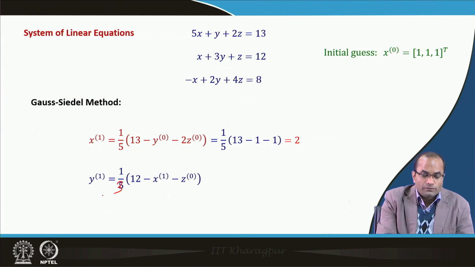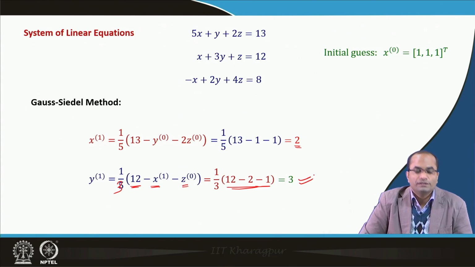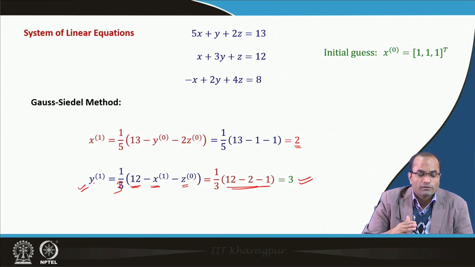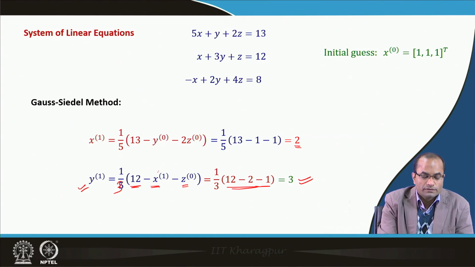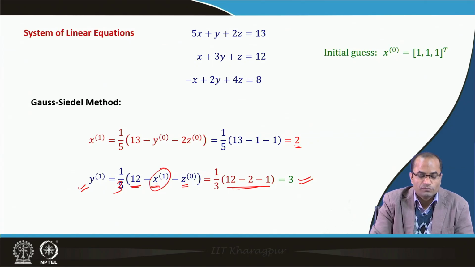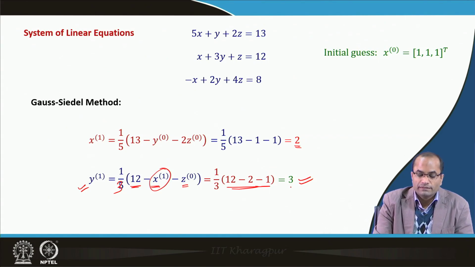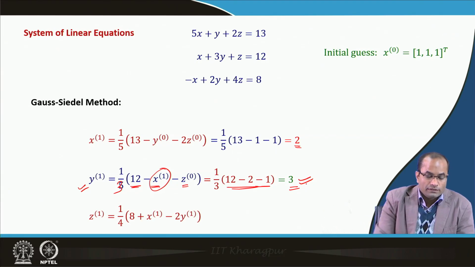So, having this, now we have 12 and then this is 2 there, and then we have 1 there. So, we have the values here 9 by 3. So, this is the number 3 we are getting for y 1, which is different now from the earlier calculations from the Jacobi method, because in Jacobi method this x 1 was not used, the x 0 was used. So, that was 1 there and we got the 10 by 3, but now we are getting here as 3.